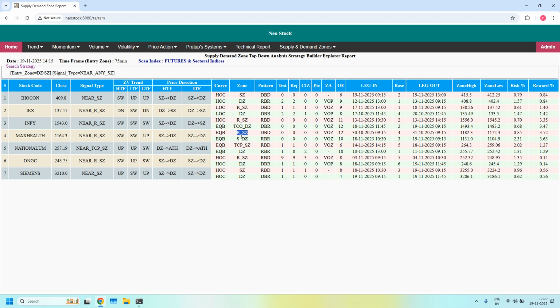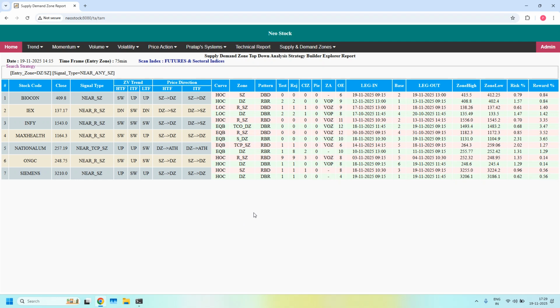Max Health is having a 75 minutes high liquidity supply zone. National Aluminium is having a 75 minutes high liquidity supply zone. ONGC is having a 75 minutes high liquidity supply zone. That's it. We got 5 75 minutes high liquidity supply zones from this list.